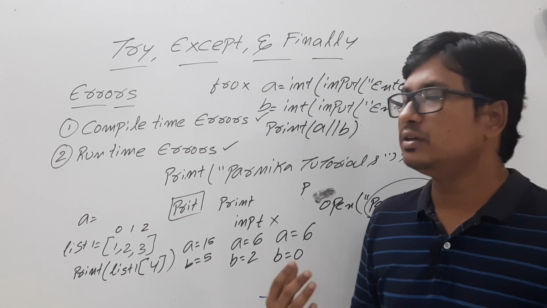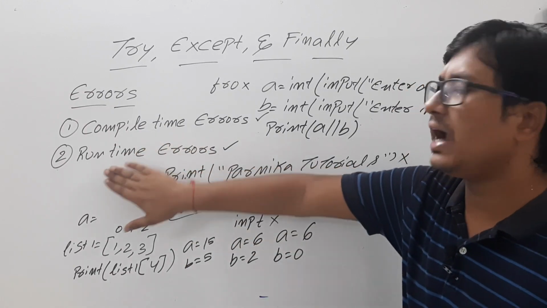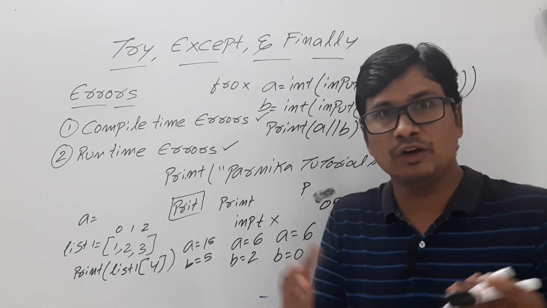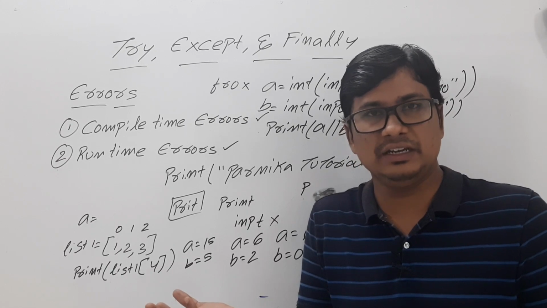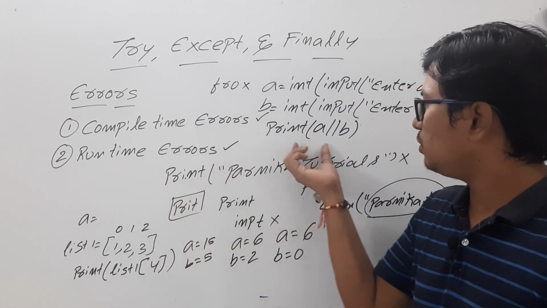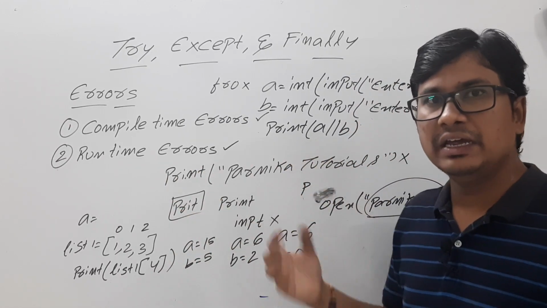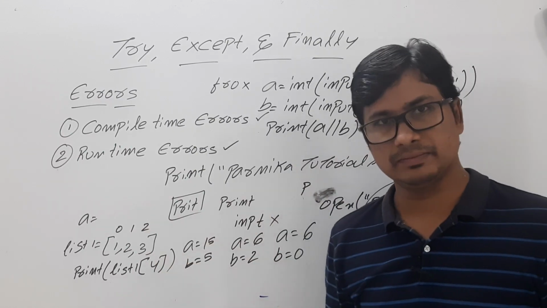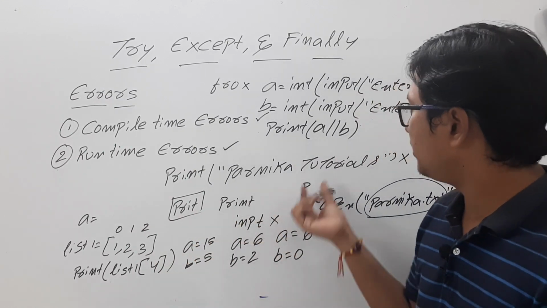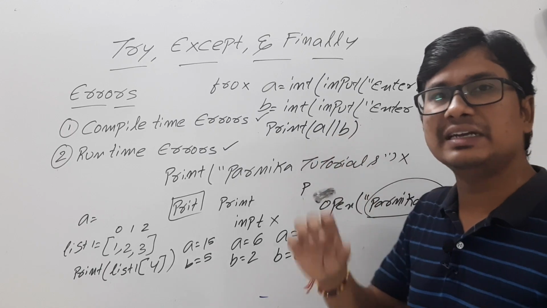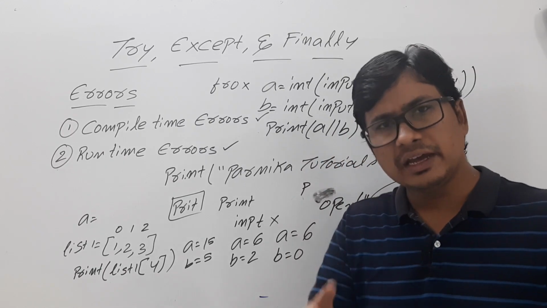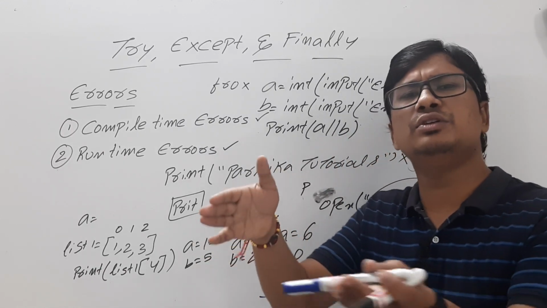So now, how can we handle these runtime errors? We will not modify the program. Whenever the user has given the wrong input, a default error comes. Like if A by B, and the user has entered B as 0, then it will give a zero division error.